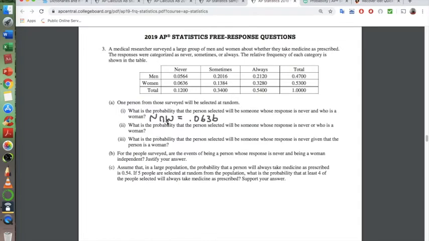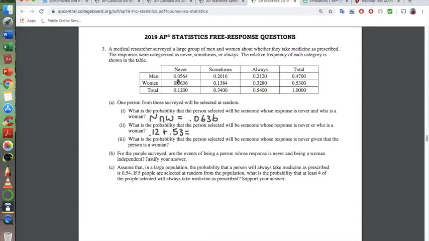And so we're going to take the total number of nevers, which is 0.12, and we're going to add to that the total number of females, which is 0.53, and then we have to subtract from that. Remember, 0.12 is 0.0564 plus 0.0636, and this 0.53 includes each of these three values from that row. So we don't want to count this one twice.